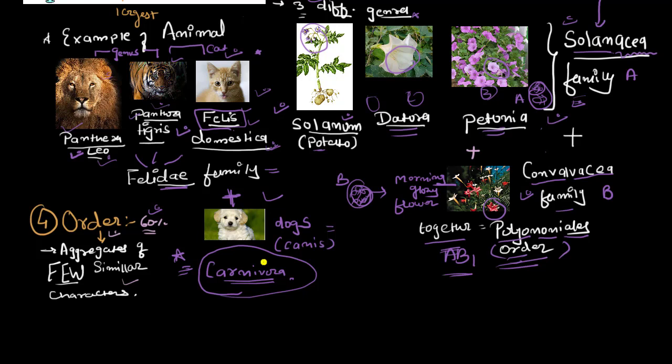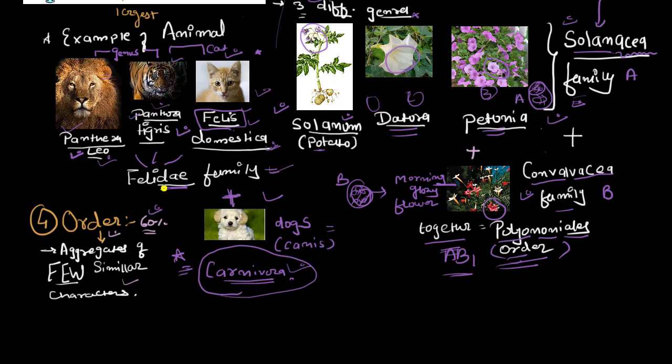But if you go into much more detail, there are going to be some dissimilarities. On the basis of that, you go to a smaller taxon, or you can say group, which we call a family. So the families are different. See, they have different families, right?